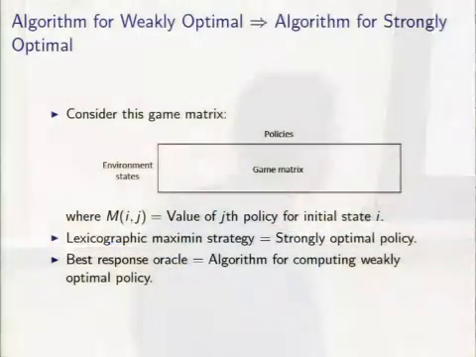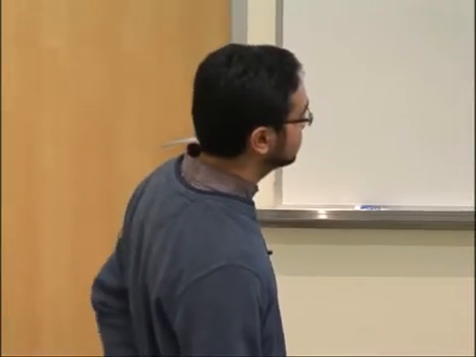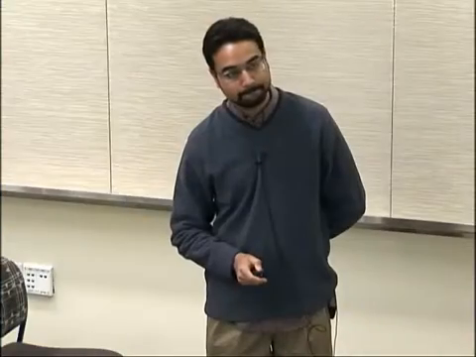Those are called model-free algorithms, the ones that don't assume an explicit description of the environment. So this lexicographic optimal strategy finding algorithm that I just described is a way of converting a reinforcement learning algorithm that returns weakly optimal policies into one that returns strongly optimal policies in the following way. I construct the following game matrix.